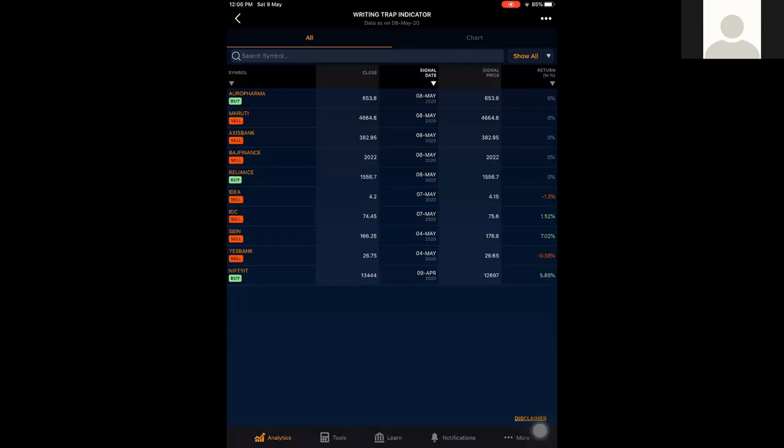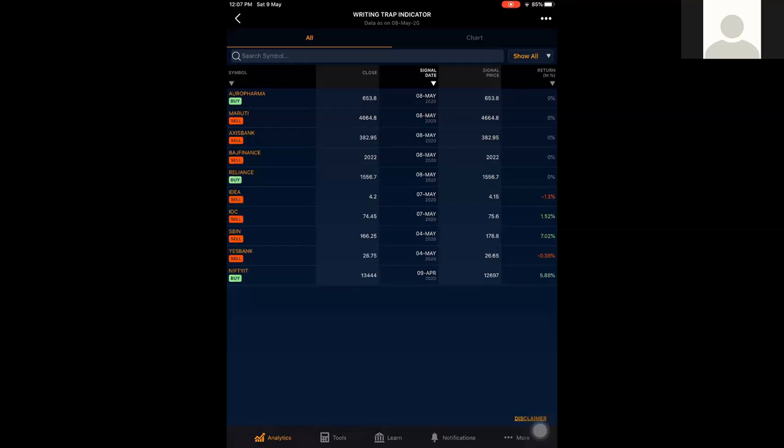Along with that, it understands from the data the likely pain area which the options could see. So it's very important that we keep the perspective of implied volatility as well as open interest, along with whether there is a probability of writers losing out or not.